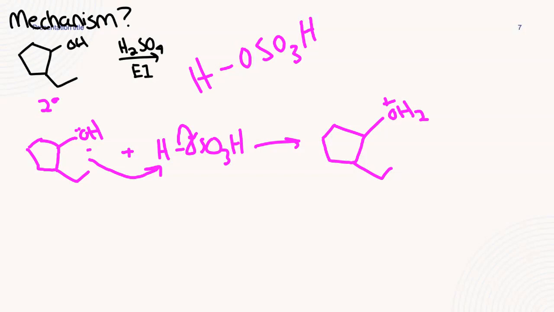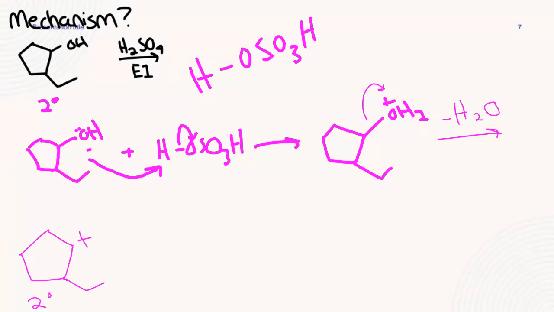Okay. So now that I've protonated that OH group, now that oxygen has a positive charge, now it's a good leaving group. So that bond will break and that'll come off. Now I have a carbocation, it's secondary.